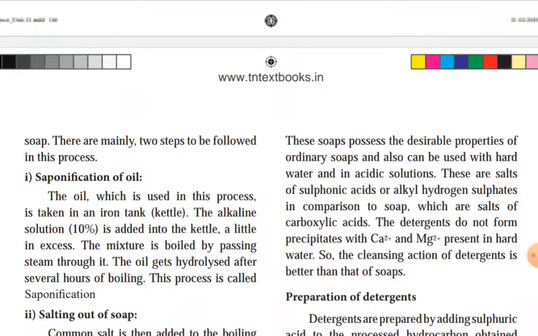Hydrolysis means the interaction between a chemical compound and water. This process is called saponification. So in saponification, there are points. First, oil or fat is taken in an iron tank. Second, 10% alkali is added. Third, the mixture is heated by passing steam. Because of this action, fourth, the oil gets hydrolyzed after several hours of boiling.